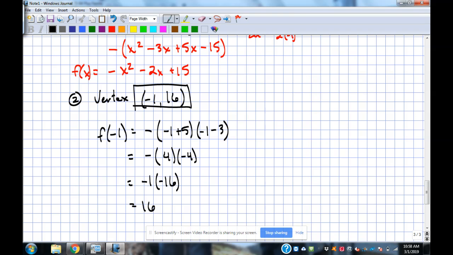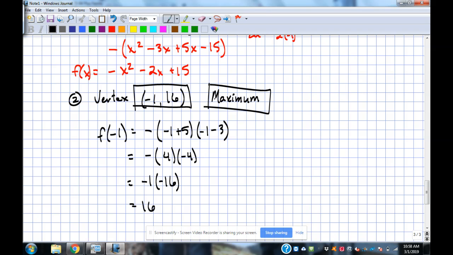Is this going to be a maximum or a minimum? What's A? It's -1, right? So it opens down. So that's going to be at the top. So it's going to be a maximum. All of it depends on A, guys.